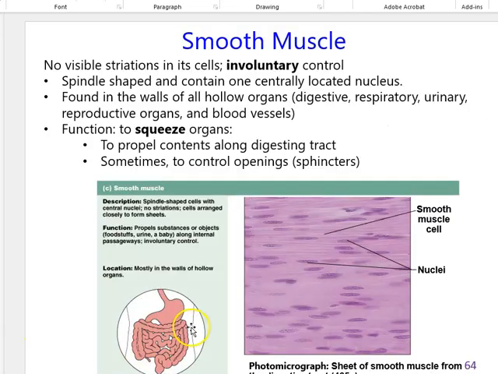And then smooth muscle. What I've never seen in smooth muscle is the spindle shape. This is a pretty common way for them to look. You'd have lots of kind of flattened nuclei that are parallel to each other, and each muscle cell has its one nucleus in smooth muscle.